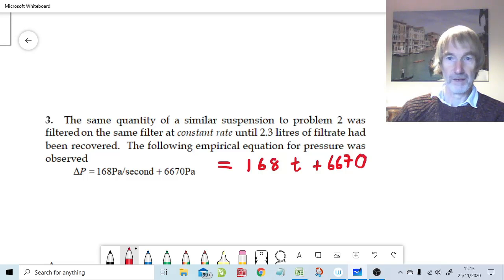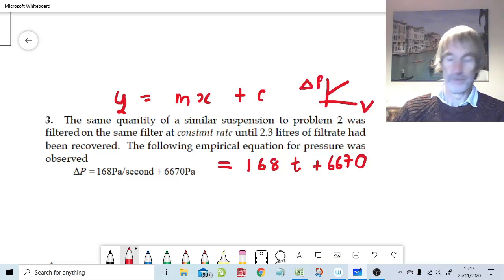So that is our intercept on the pressure graph. That's our y equals mx plus c equation. So we have the standard linear equation, and that's what we're saying will be our pressure graph. So that's delta P plotted against V in this case, so I'm using V for the independent variable.